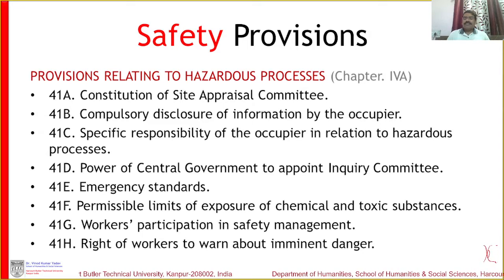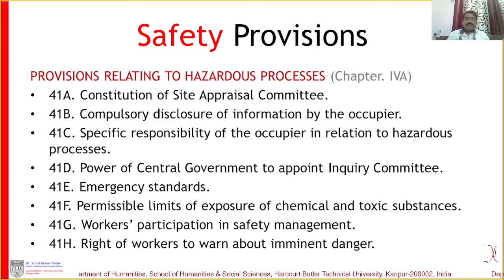So compulsory disclosure means, for example, if you have visited some chemical factory, you can see there is some notice or information that this is a dangerous site, or very risky, or please keep a distance, something like that. So the information is disclosed. Then there is the specific responsibility of the occupier in relation to hazardous processes.